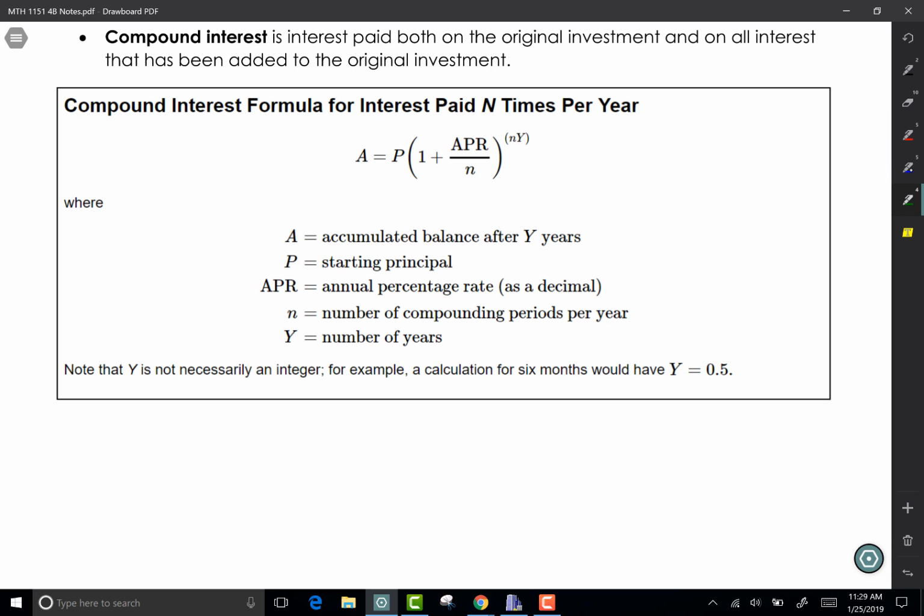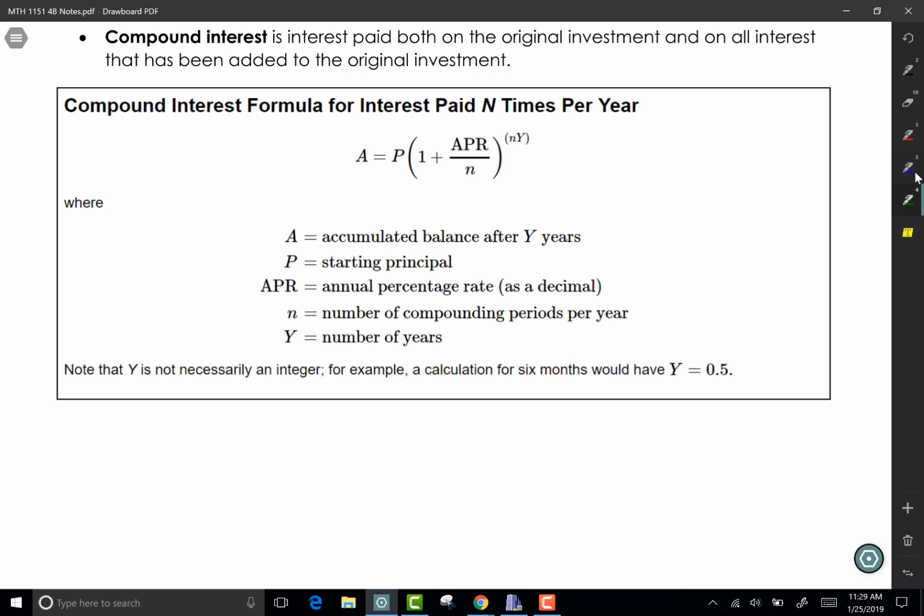Okay, so here's our information for our formula. A is the accumulated balance. What we mean by the accumulated balance is, if I started off with $100 in my bank account and I got some interest, and at the end of the month I made $5 in interest, my accumulated amount would be $105, because it's the principal plus the interest that was earned.